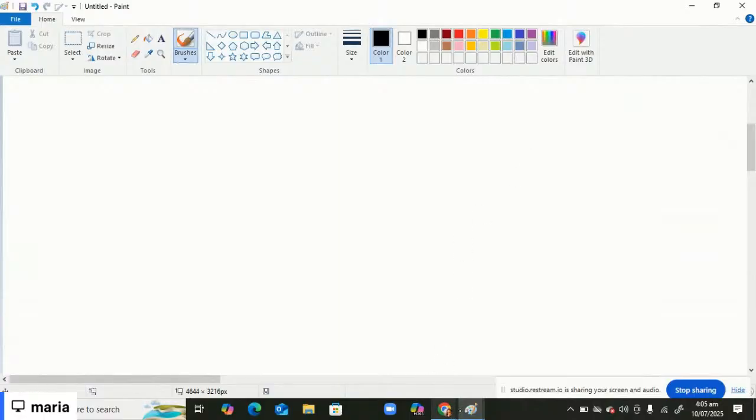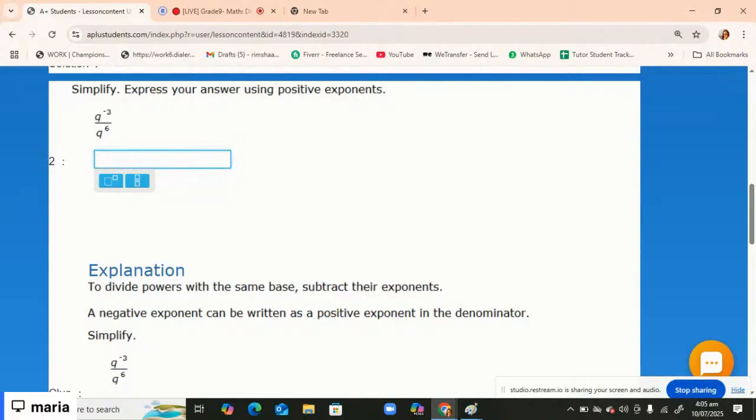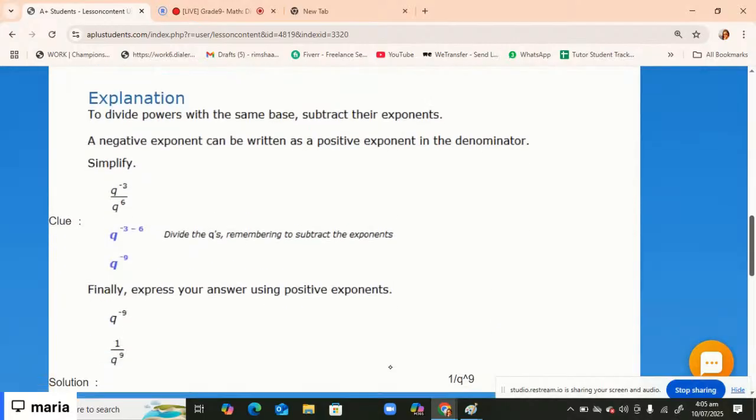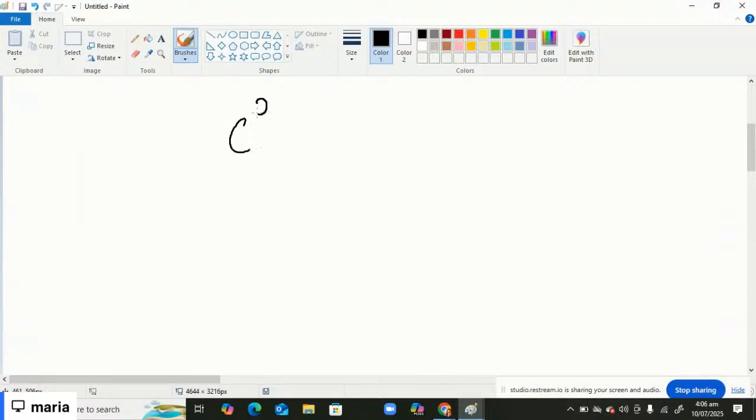Let's suppose I'm going to write it here. Something like that. This one is positive, and here in the denominator, this is also positive. So how can we solve it?